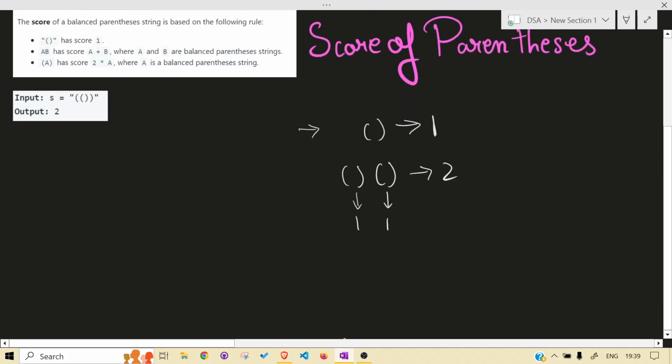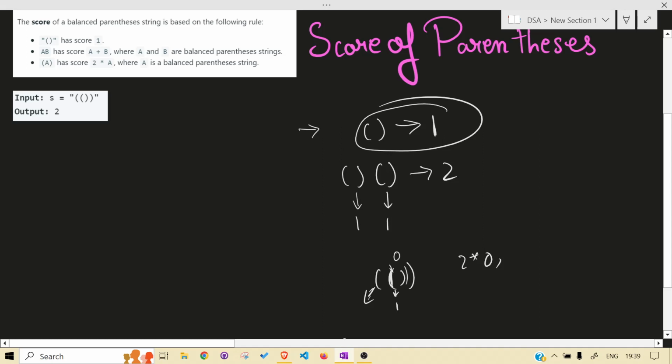And if you have one balanced parenthesis inside another balanced parenthesis, then you have to use the previous score. For this balanced pair the previous score was 0, so 2 into 0 is nothing, so we have to have 1.